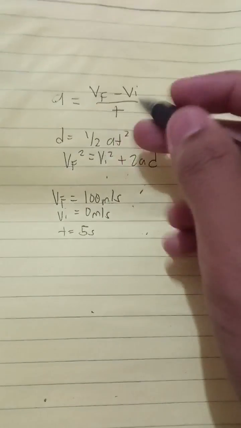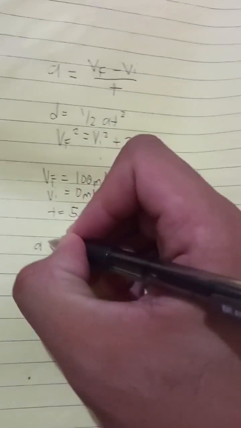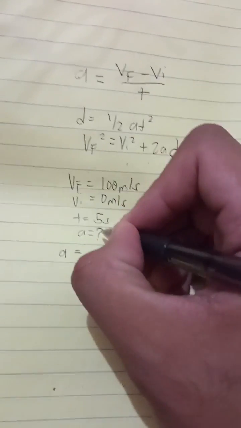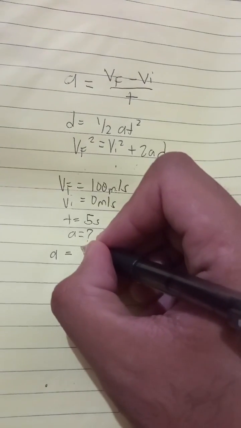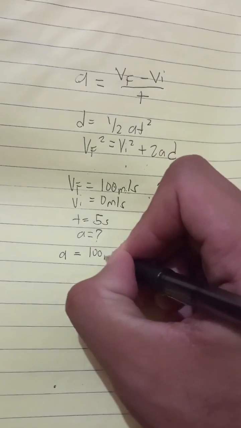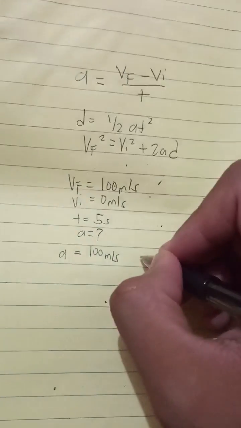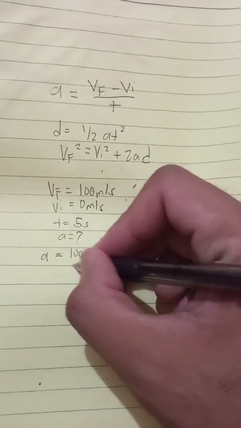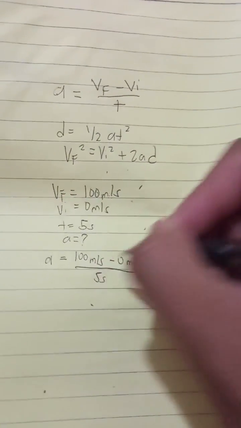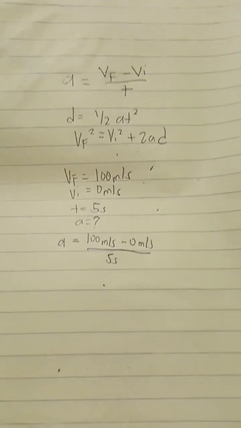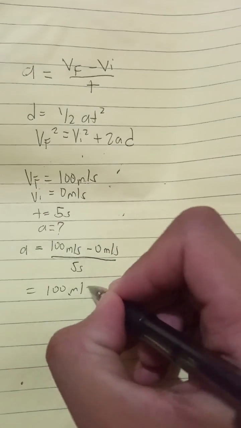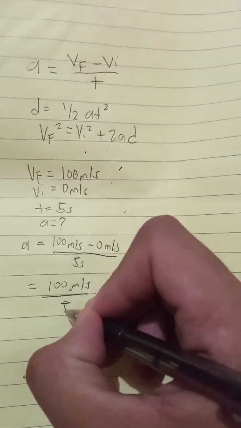To change the values, A is equal to, 100 meters per second minus 0 meters per second over 5 seconds. Simplify: 100 meters per second over 5 seconds.